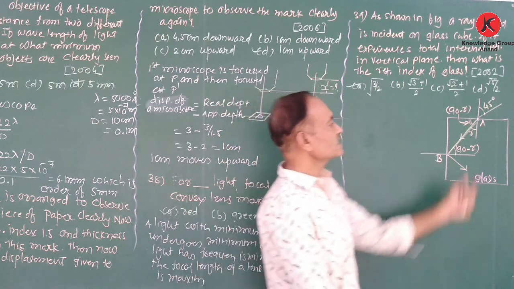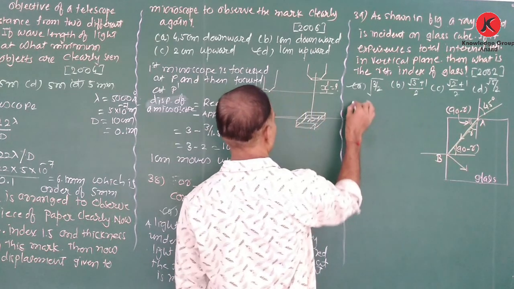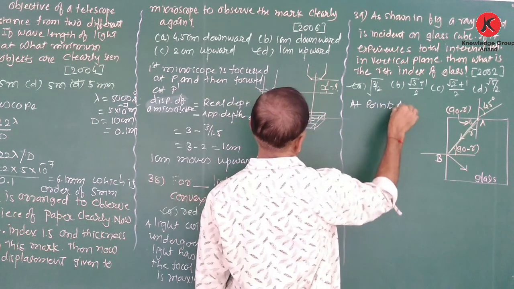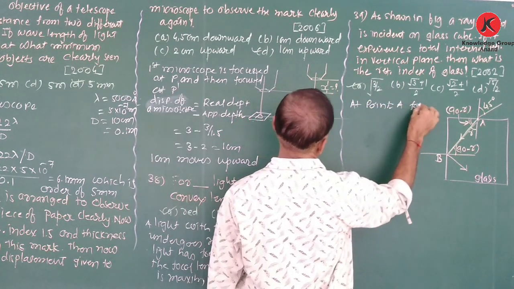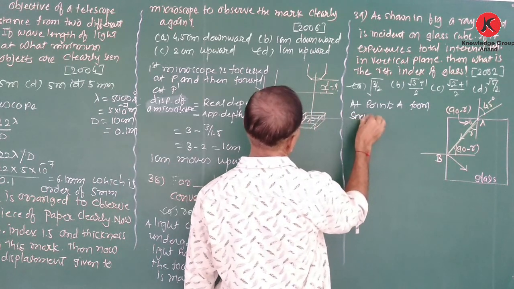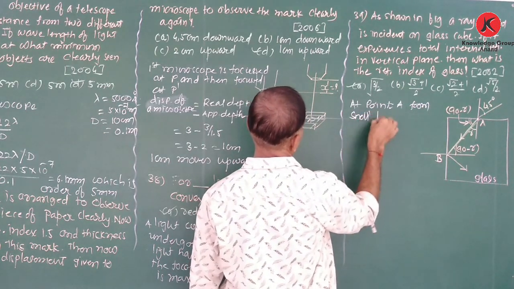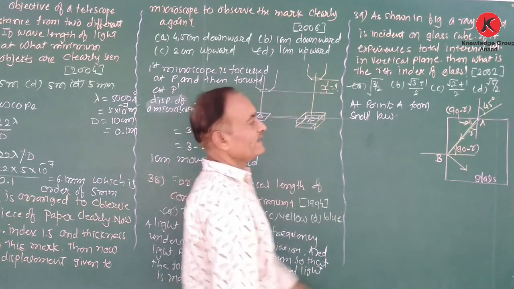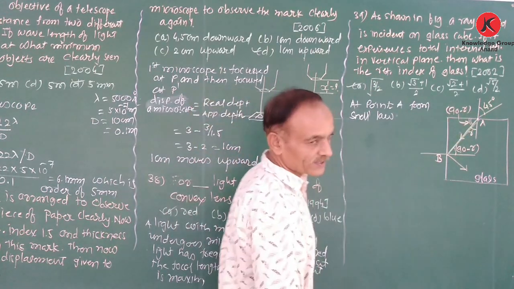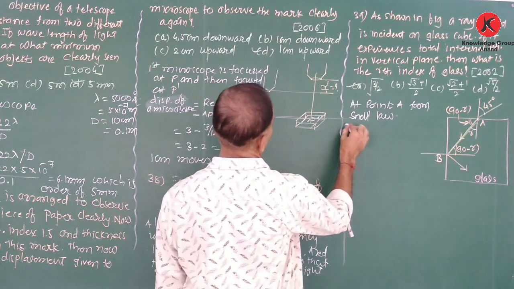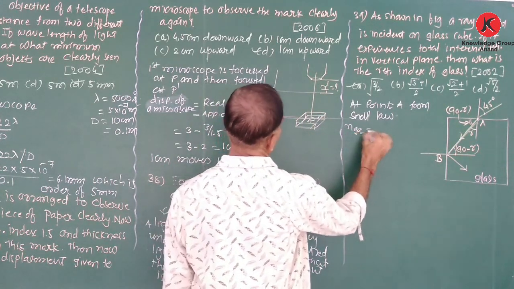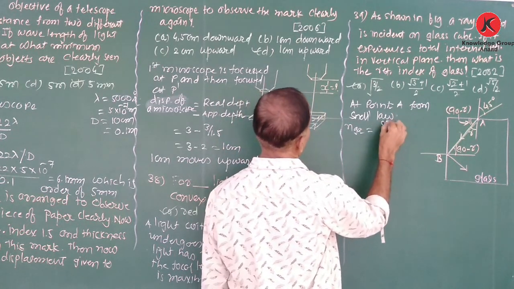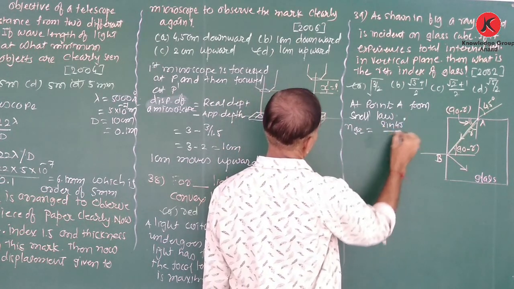First, we apply Snell's law at point A. From Snell's law, the refractive index of glass with respect to air, NGA, is equal to sin 45 upon sin r.